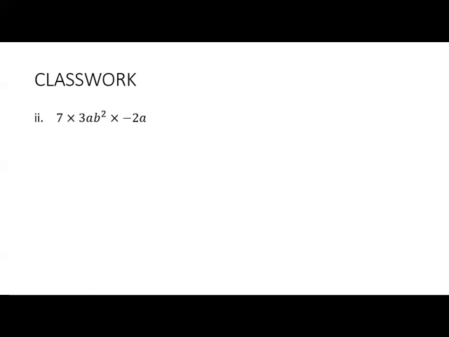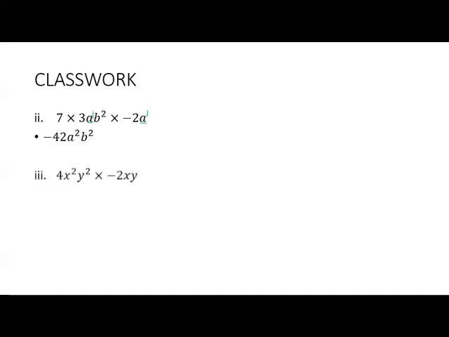Remember, multiply the integers first. 3 times 7 times 2 will give you negative 42. A times A will give you A squared, and then we are left with B squared. So it will be negative 42 A squared B squared.